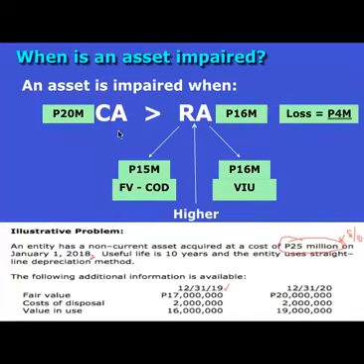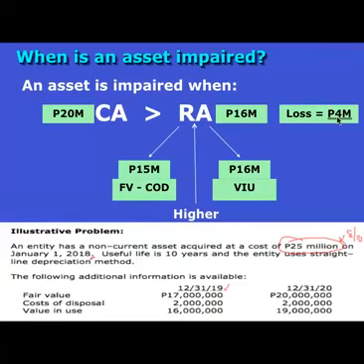So if the CA is 20 million and only 16 million is recoverable, the difference is no longer an asset. The portion that is no longer an asset, what is the treatment? Expense immediately. It is called impairment loss. That is the core principle of impairment: assets cannot be carried at more than the recoverable amount.